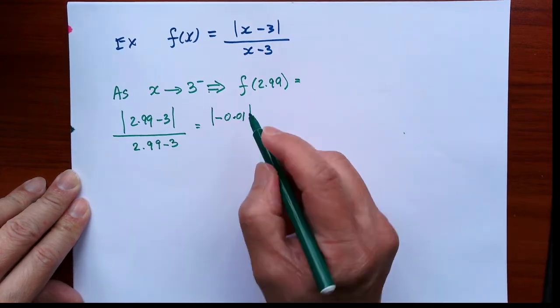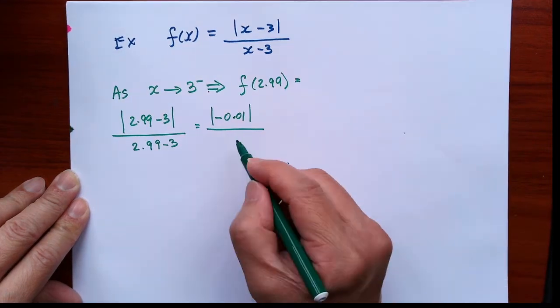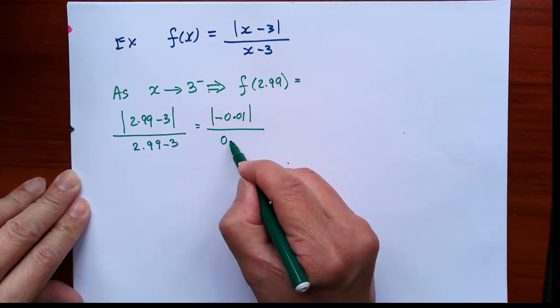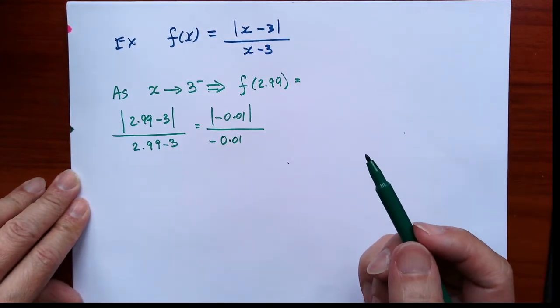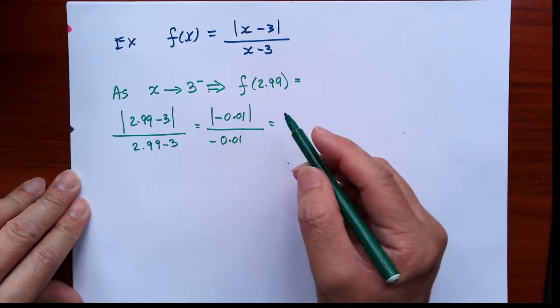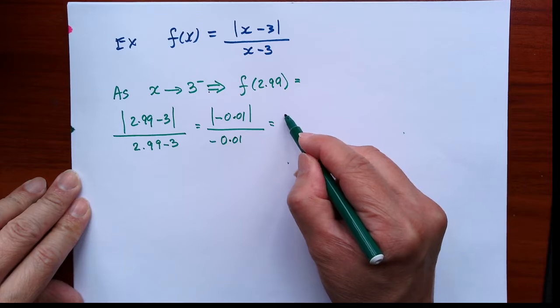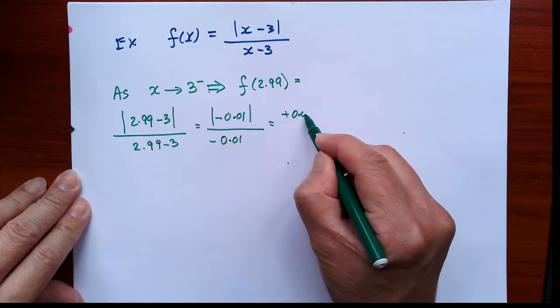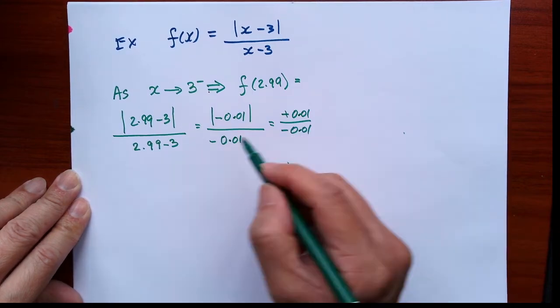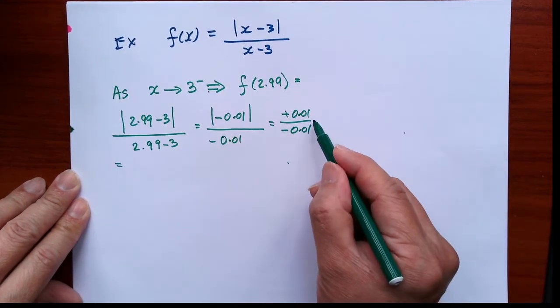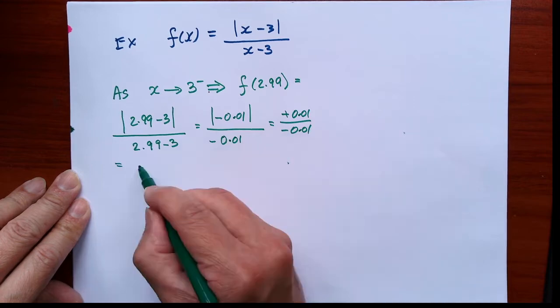We take the absolute value of that over 0.01 but negative. The absolute value of this is positive, so it's positive 0.01 over negative 0.01, which gives us negative 1.